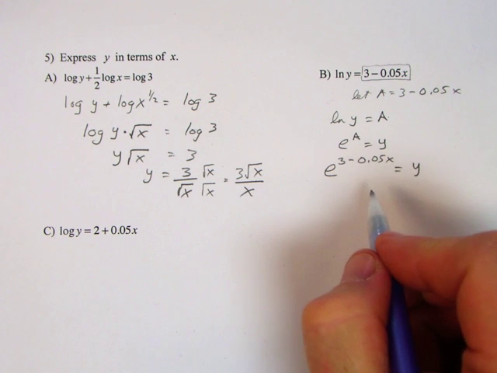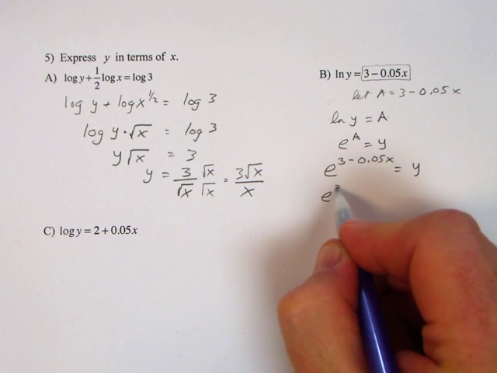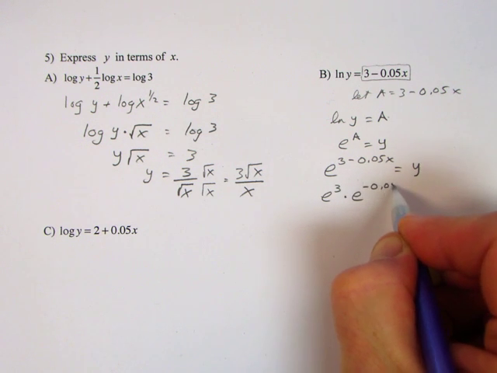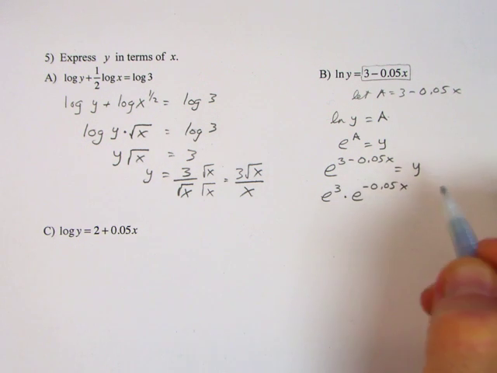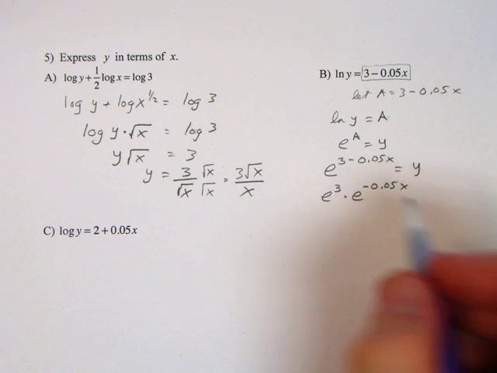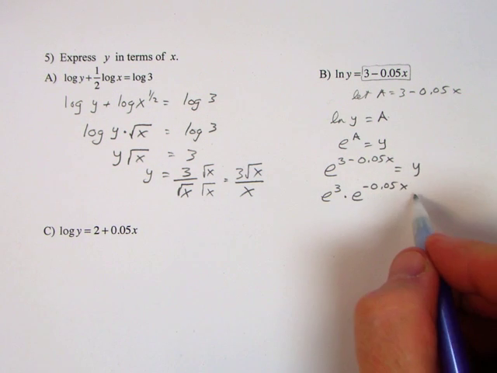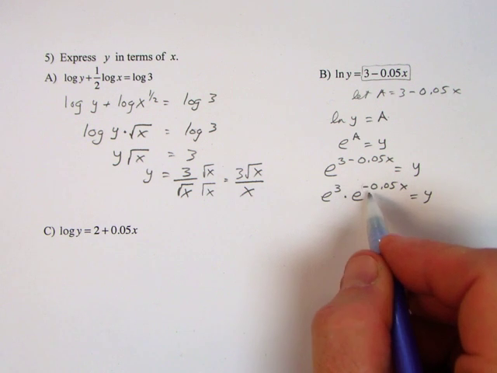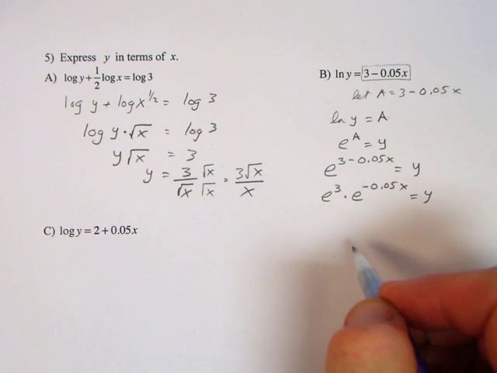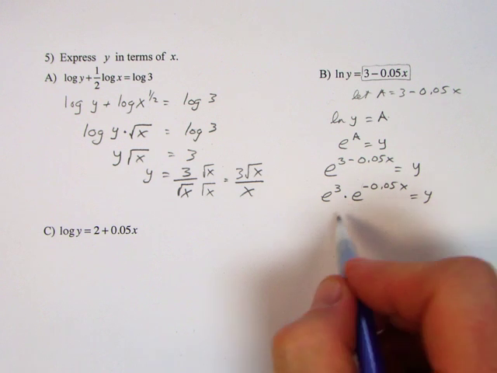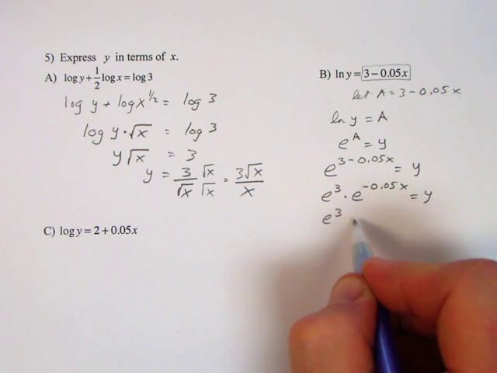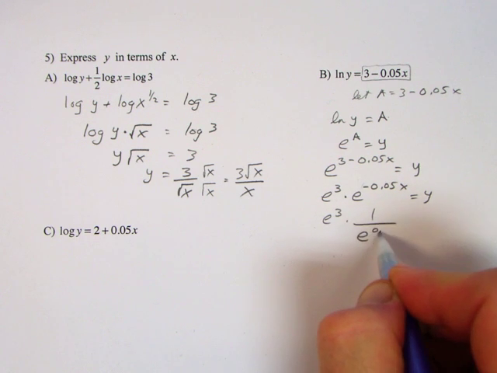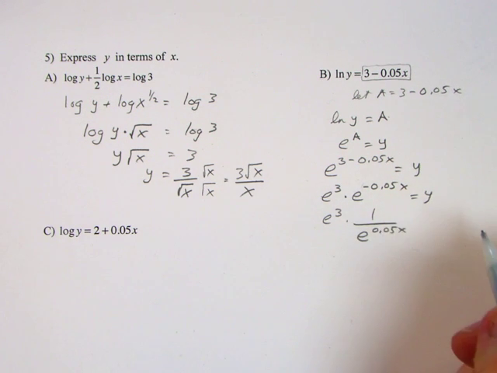Or in other words, we have e to the 3 times e to the negative 0.05x. And this would be fine for what we're going to deal with. If you wanted to, this negative exponent could be moved down, so it's 1 over. This could be written as e cubed times 1 over e to the 0.05x.